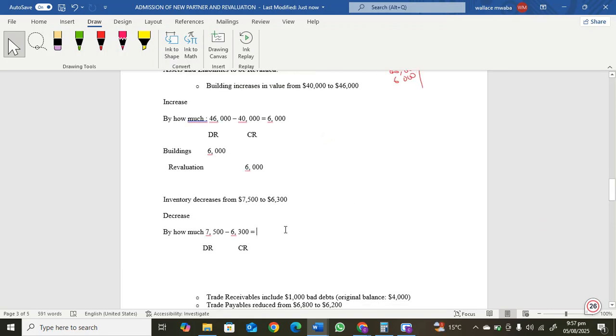So we have a decrease in the value of our asset.